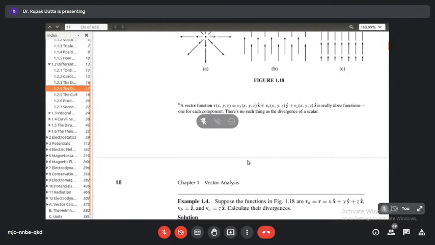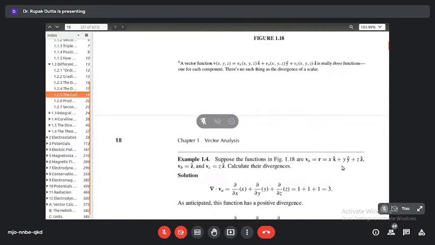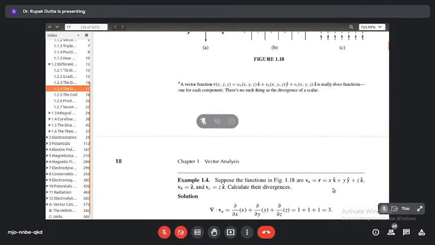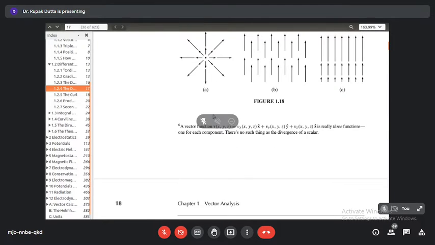And if you increase x and y both, then the magnitude of this vector will also increase, because the radius increases accordingly.